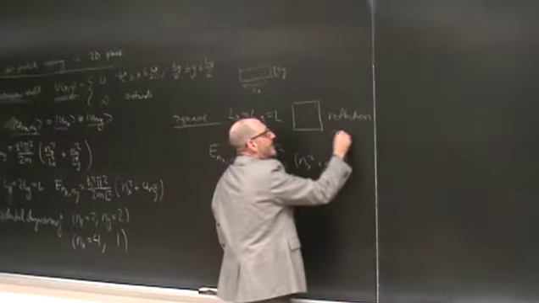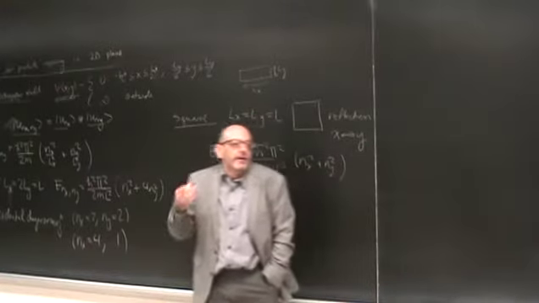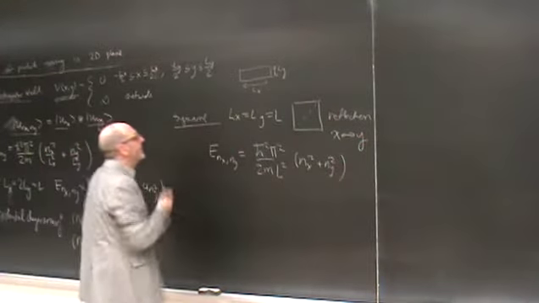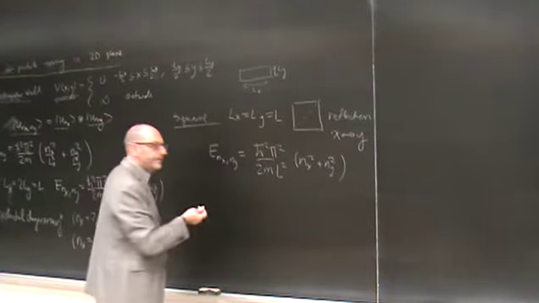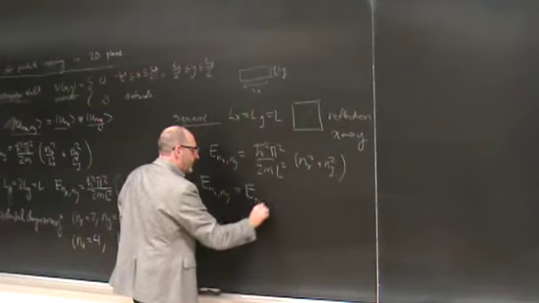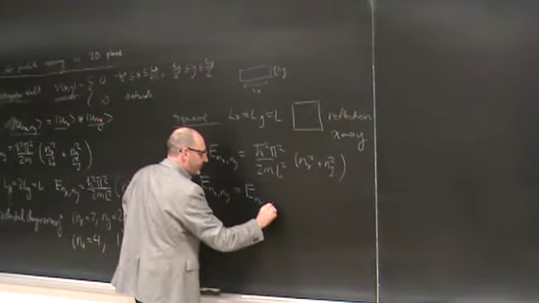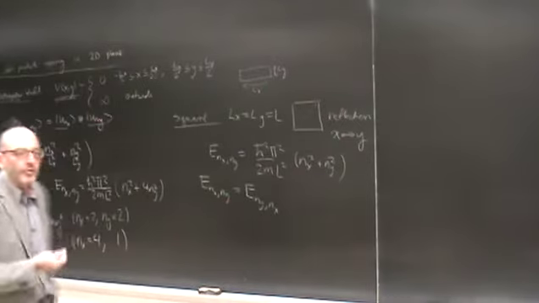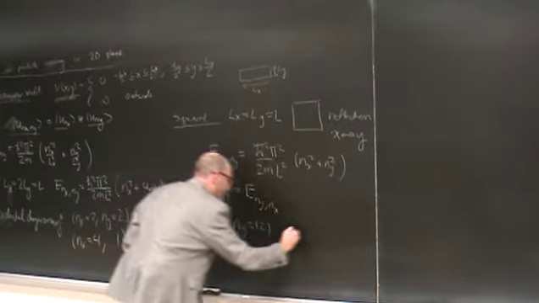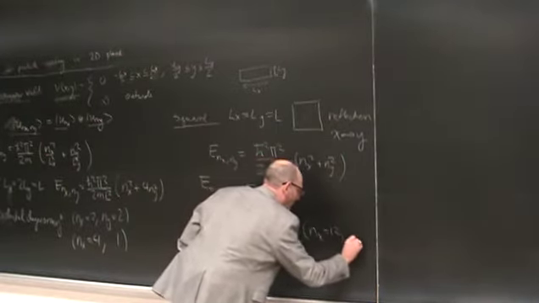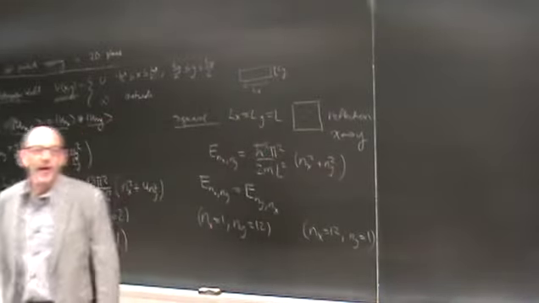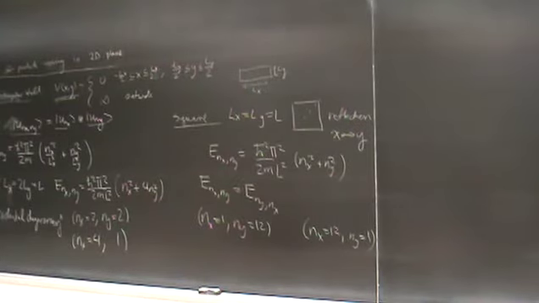So if I interchange x and y, the problem looks the same. And because of that reflection symmetry, there is an essential degeneracy. And that is to say that the energy eigenvalues are the same whenever I switch the quantum number for x with the quantum number for y. So the case, for example, nx equals 1 and ny equals 12 has the same energy as nx equals 12 and ny equals 1. Right? It's obvious. This is symmetric in x and y. So any time I switch those quantum numbers, there's degeneracy in the problem.